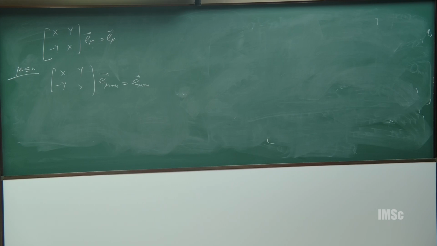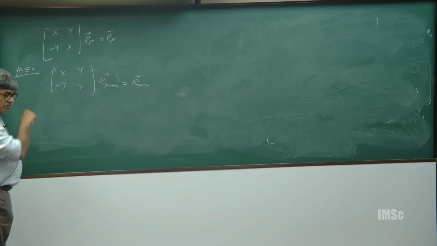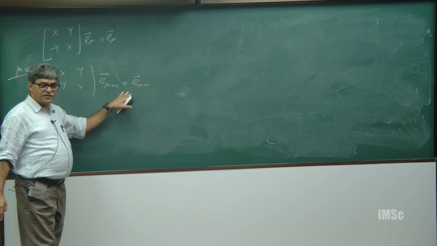In general, only one axis will remain invariant. But here you have two such vectors because of this constraint. There may be some other vectors also, but at least for these two vectors, this is the case.